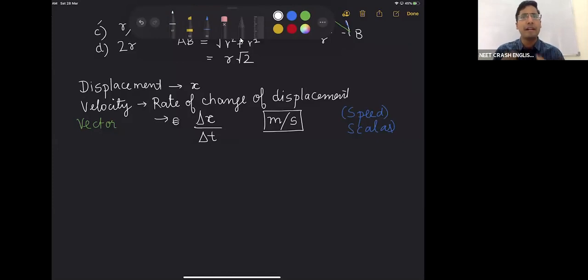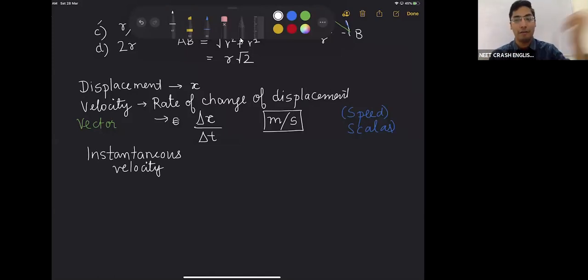Now there are some different kinds of velocity that you need to understand. The first one is instantaneous velocity. Okay. So let's say you're driving a car. Let's say I stay in Mumbai. There's lots of traffic on Mumbai roads. Now there is no traffic because there are no vehicles outside, but usually on a normal day, there are lots of vehicles outside.